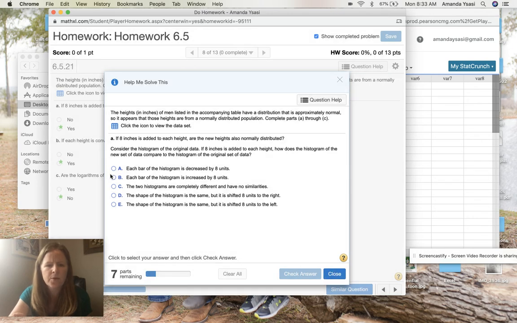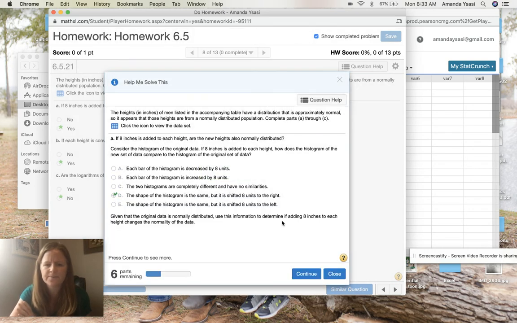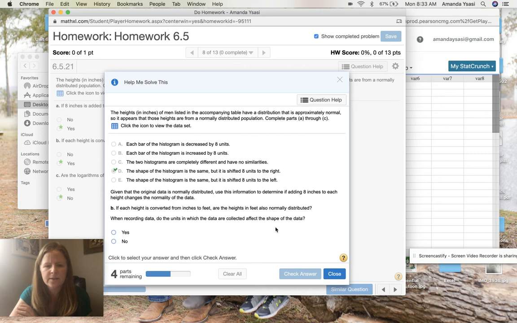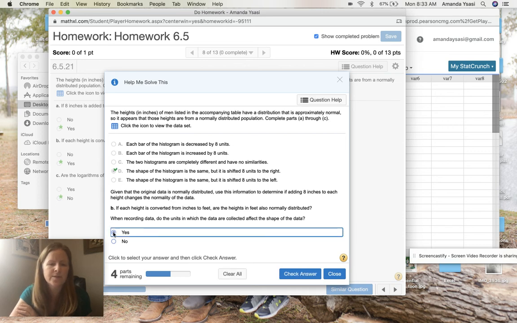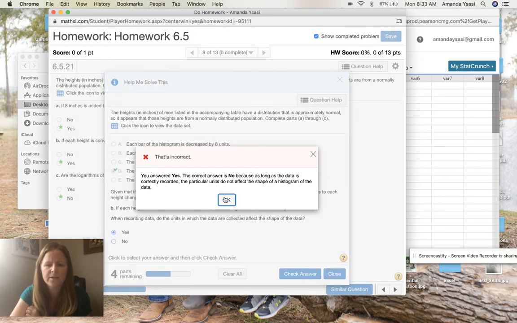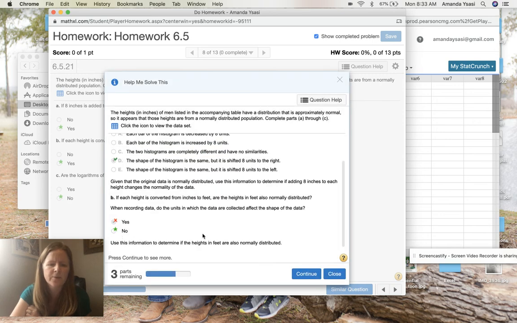Okay, so each bar is increased by 8 units. The shape is the same, but it's shifted up 8 units to the right. There we go. Sorry. If each height is converted from inches to feet, do units change anything? No, they don't. Oh, I meant to put no. Whoops.